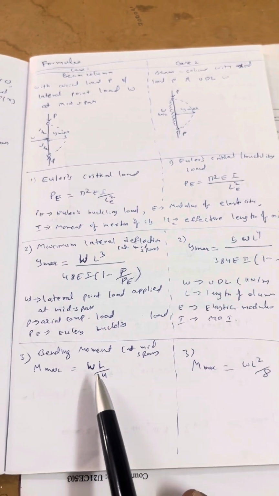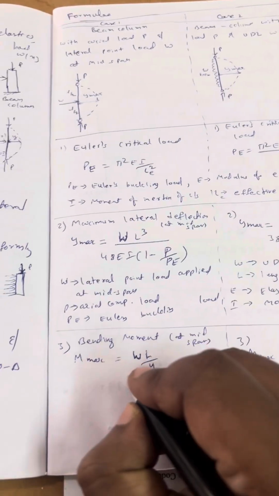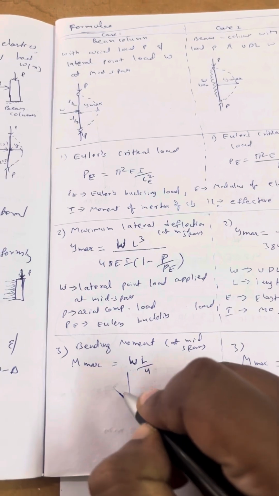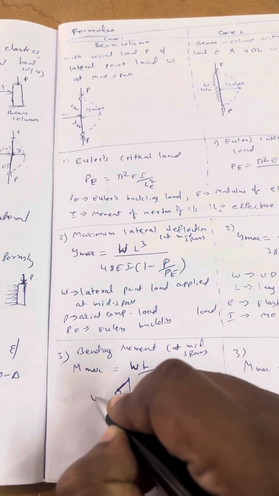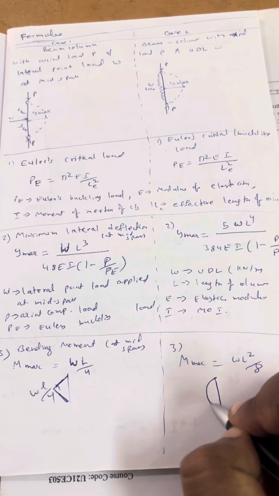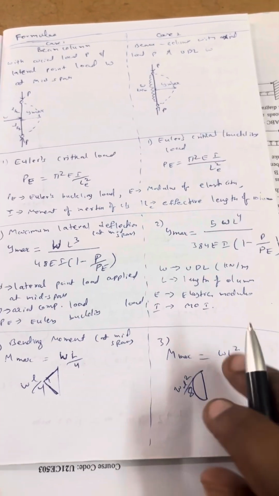What is the maximum bending moment for the first case? It is WL/4. As the second case is a UDL, the maximum bending moment is WL^2/8.